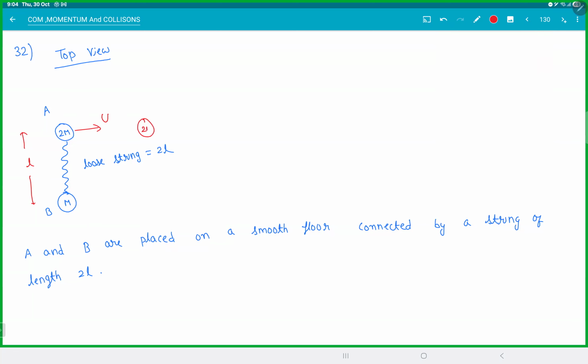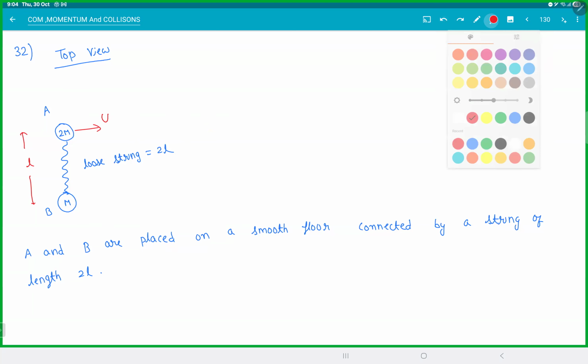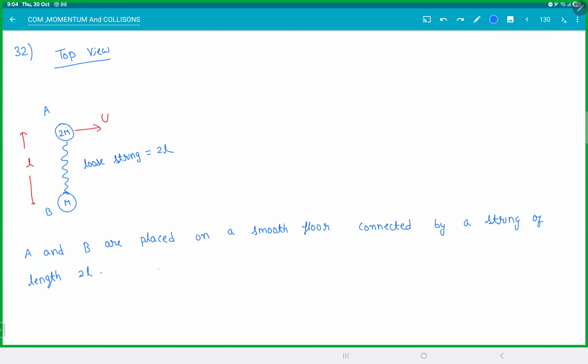A will come here, but remember the string is still loose now, so B will not move. Then A will come here, then the string will become tight. You're getting how the picture will go? Till the string becomes tight, B will not move. Find the velocities of the balls just after the string becomes tight.